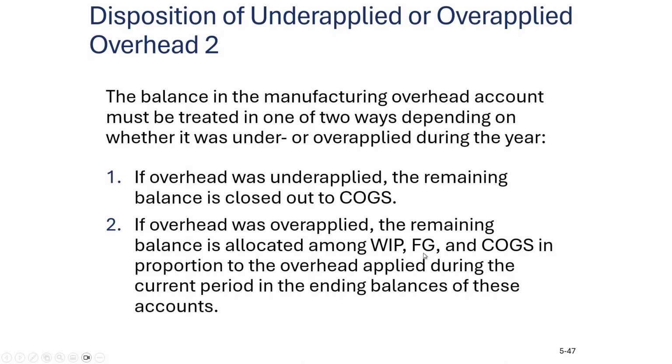What is my balance in finished goods? What is my balance in cost of goods sold? I calculate the percentage of each of the balances, and then whatever the 30,000 is in the manufacturing overhead account, we take that and multiply by those percentages, and that's the amount we're going to allocate. So we debit the manufacturing overhead, and we credit WIP, FG, which is finished goods, and cost of goods sold with those amounts.